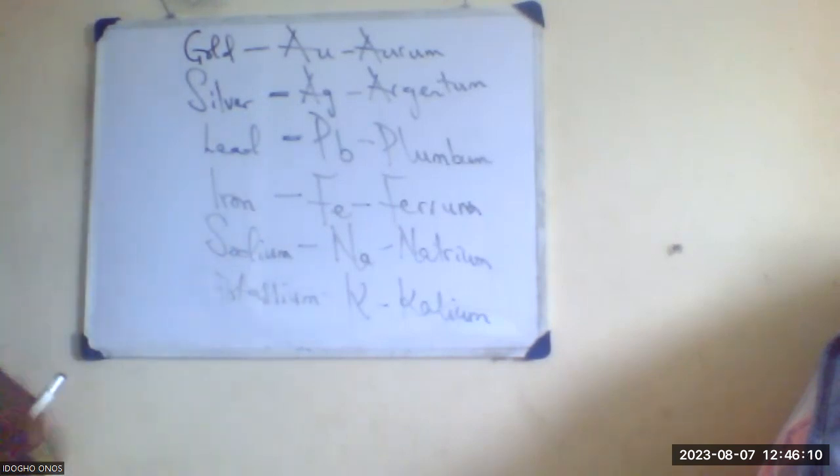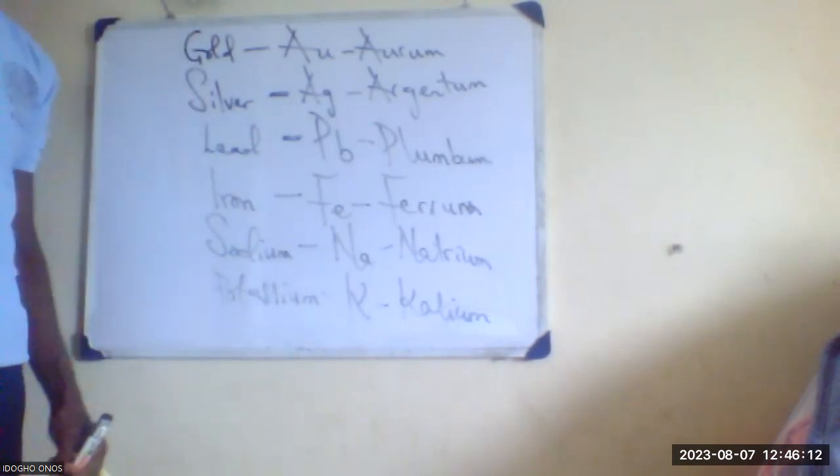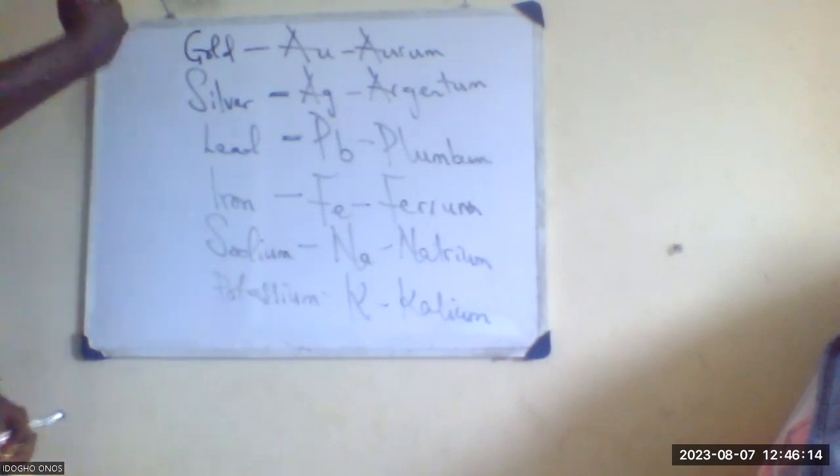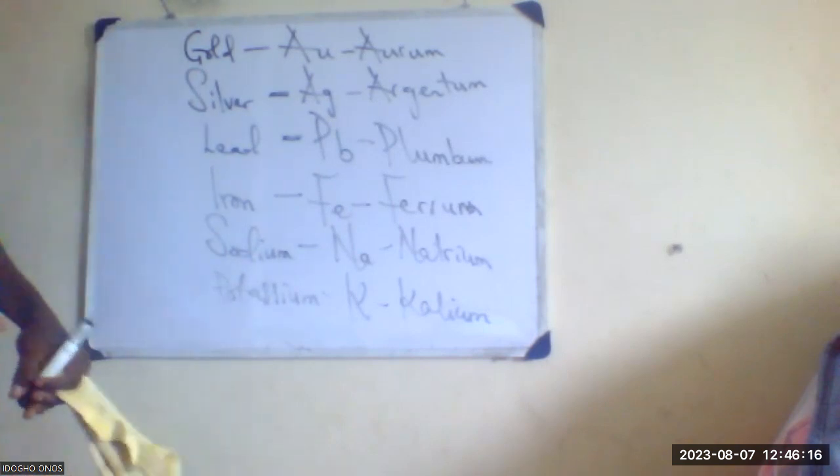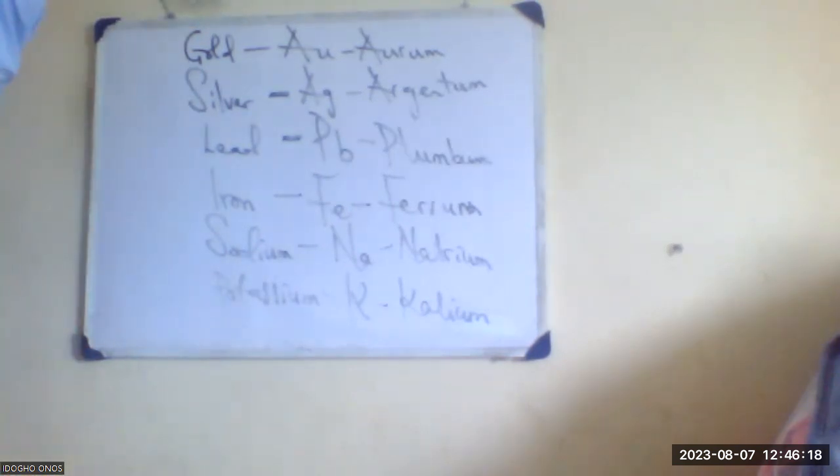Nobody will ask the students to list the criteria for writing symbols of elements, but they might just ask what is the symbol of the element. That way, you will need to know the symbol, but not the criteria. However, it is important to let the student know the criteria for writing symbols of elements.